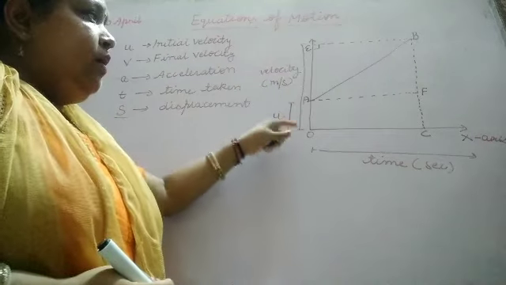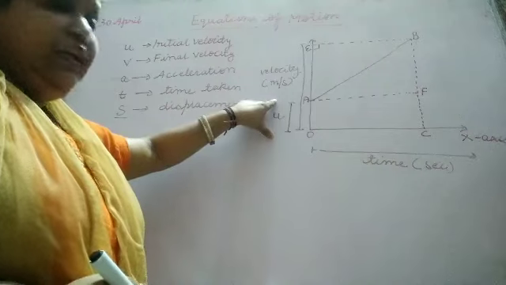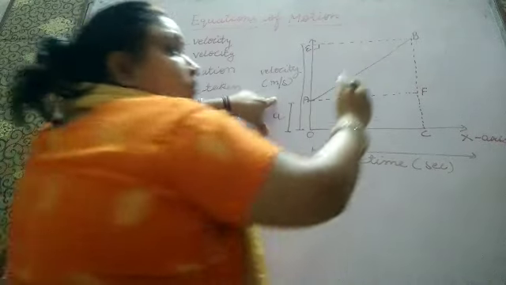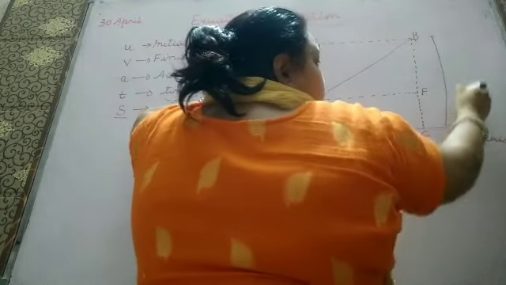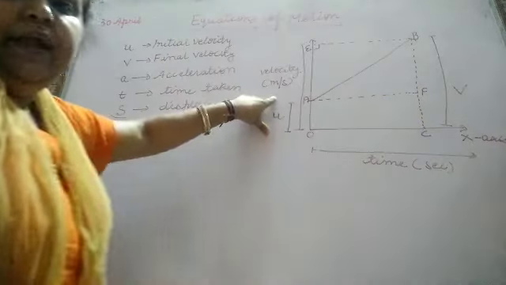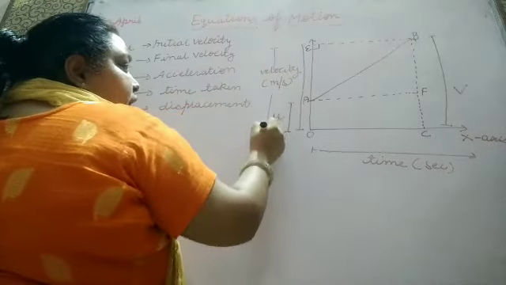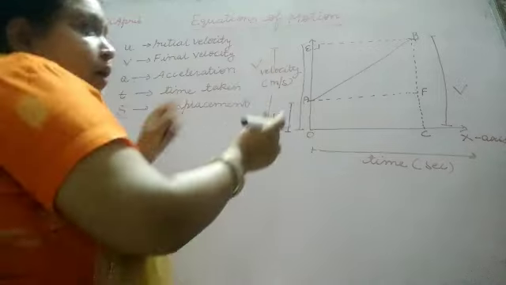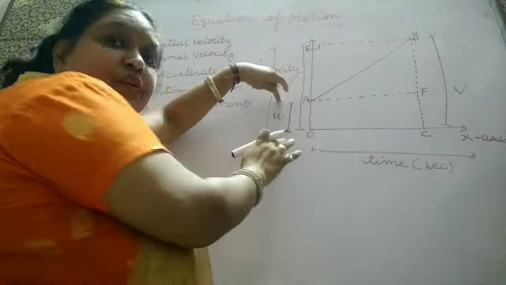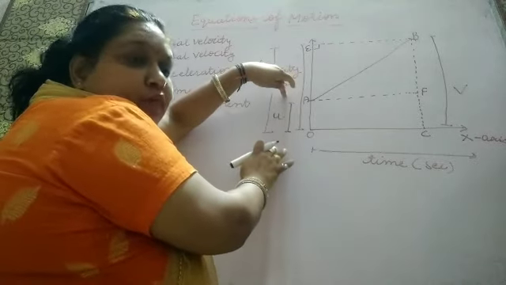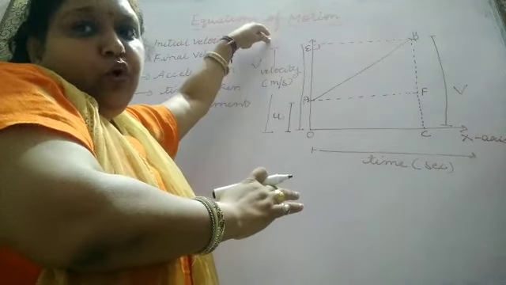So this is initial velocity from O to A. When it reaches B, then this whole will become final velocity V. I can write here also this whole velocity as V. Up to here it is V and up to here it is U. This is initial velocity and this is final velocity. I think it is clear to you all.